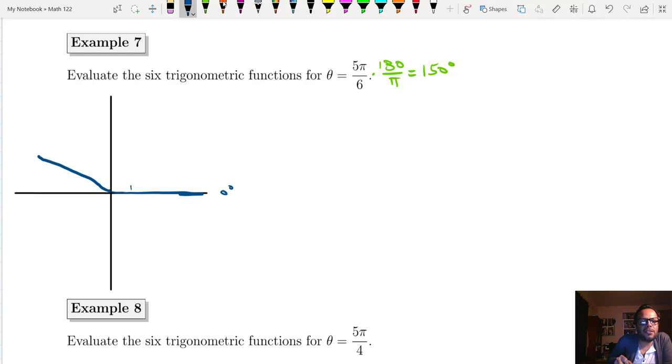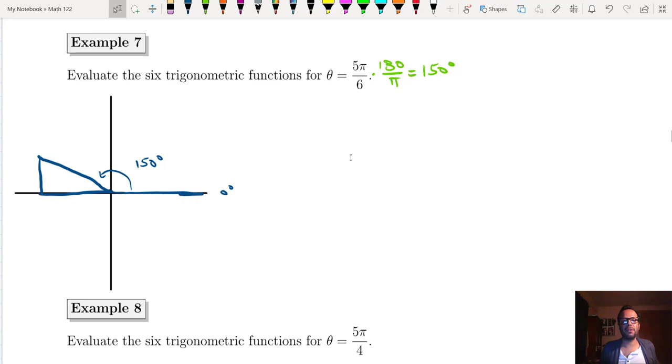So initially, this is our 150 degree. However, that's not a right angle, right? In fact, that's an obtuse angle. So what are we going to do? We are going to form a triangle, in this case, in the second quadrant.